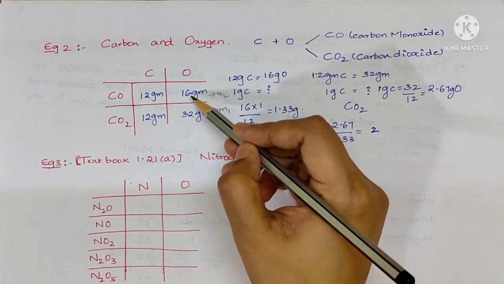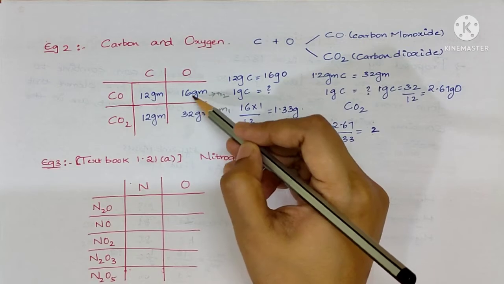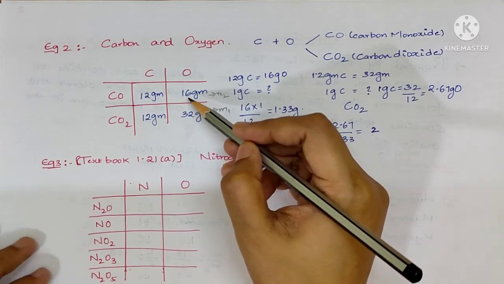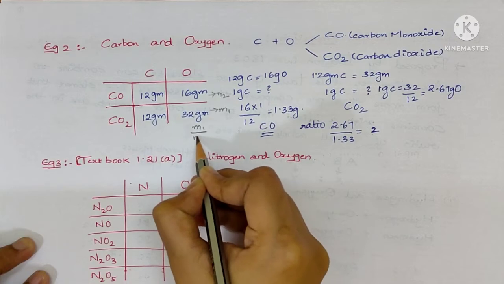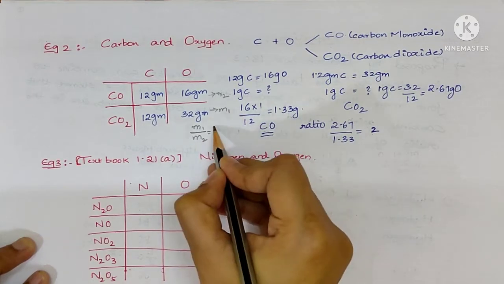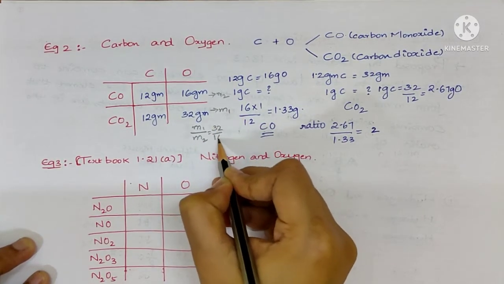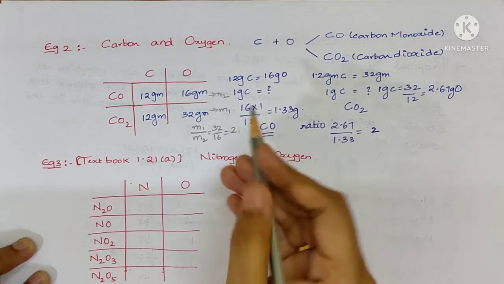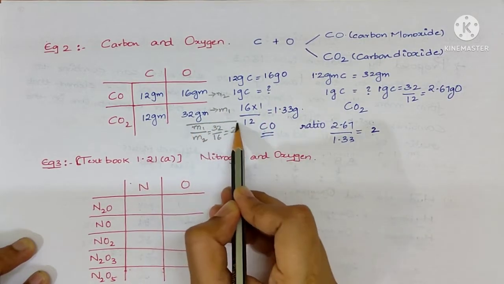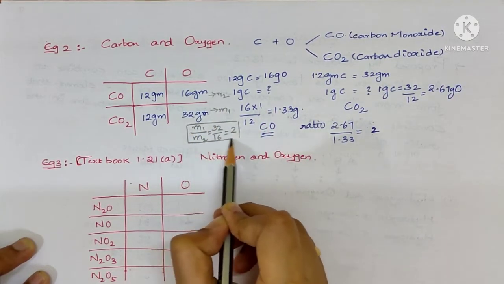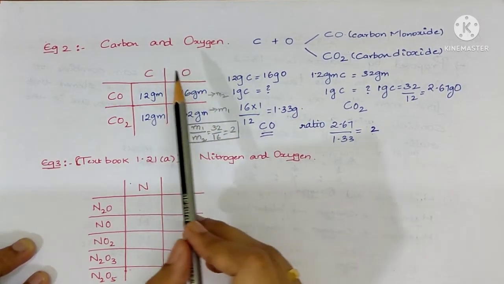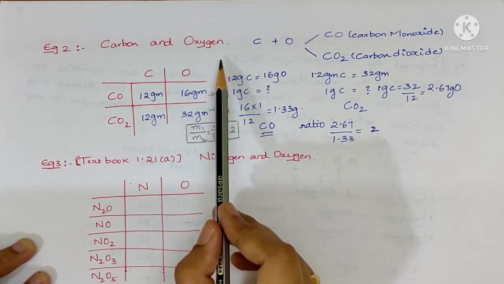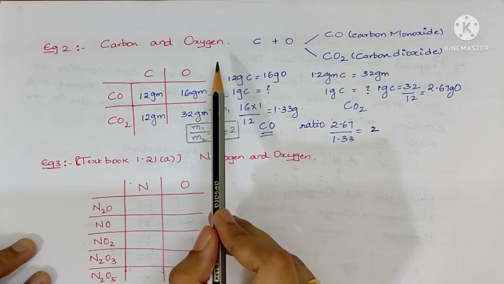We have to put the smallest number in the denominator. So M1 by M2 is equal to 32 by 16, that is equal to 2. So finally we got 2 as a whole number. So this carbon and oxygen combination follows the law of multiple proportions.